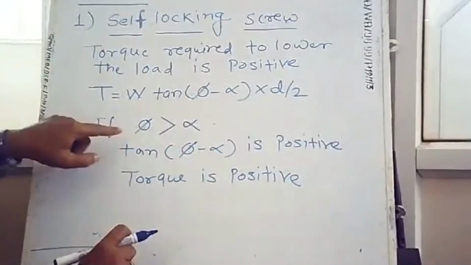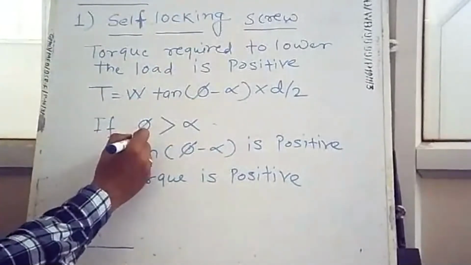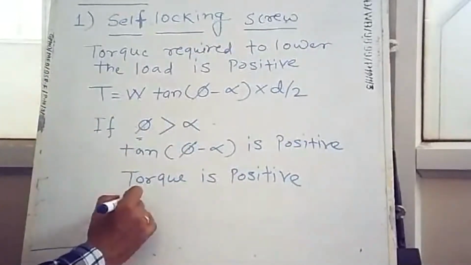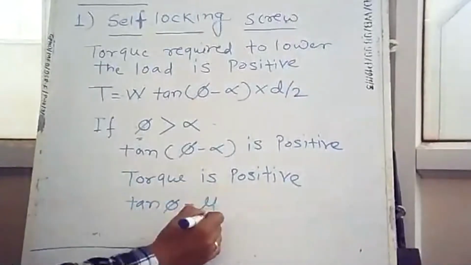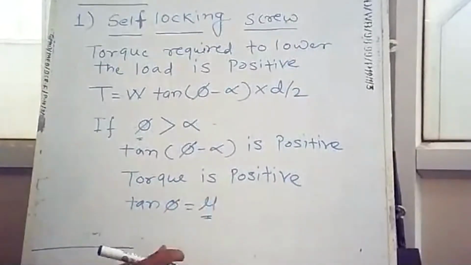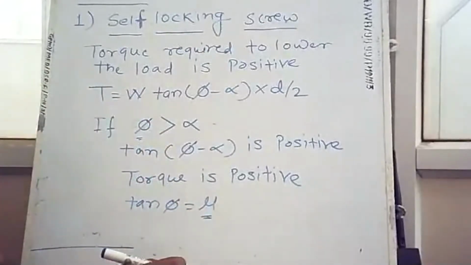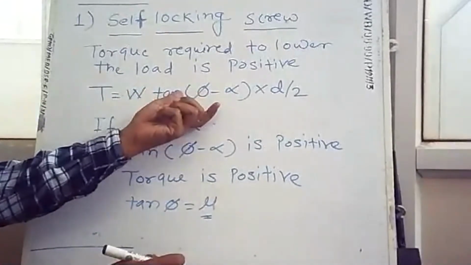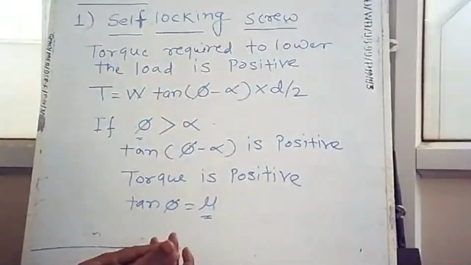That means we must use the coefficient of friction between screw and nut in such a way that phi is somewhat greater than the helix angle.